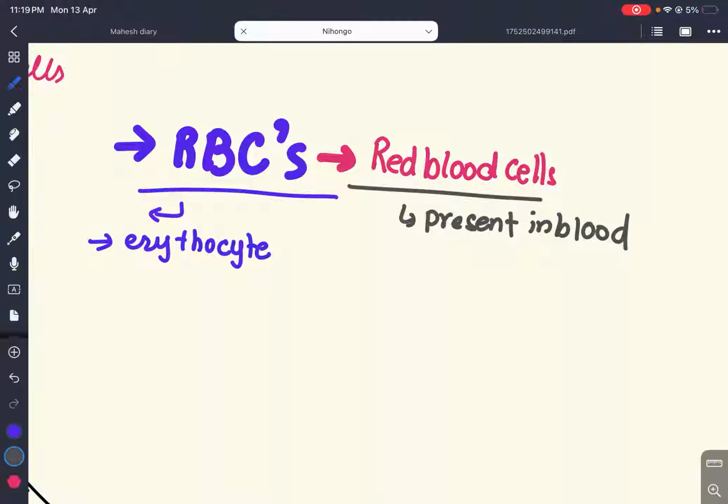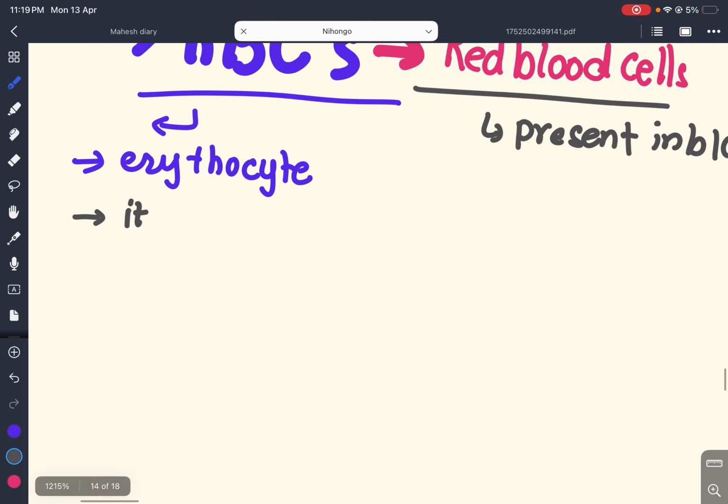Now, you guys should also know where they are made. If we talk about we humans, the elder people, especially, we're not talking about a child, we're talking about a human being who is at the age of 15 to 25 or something like that, or more than that. So our RBCs are actually made in the bone marrow.